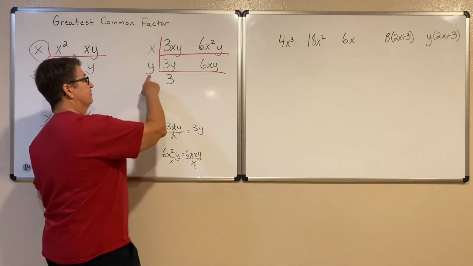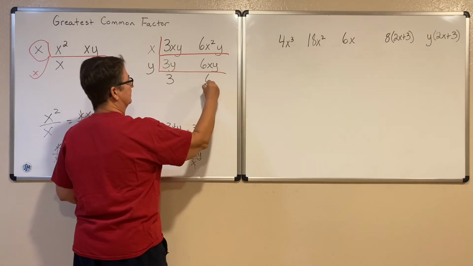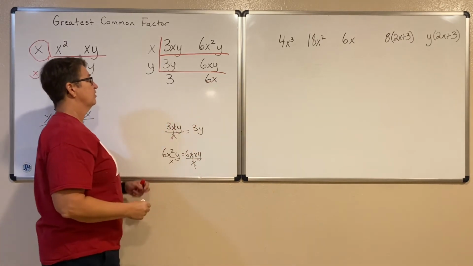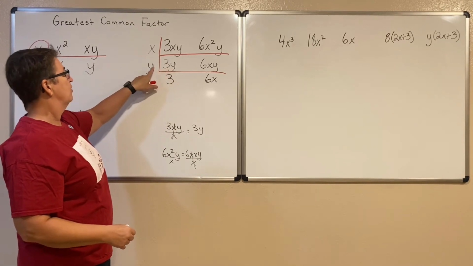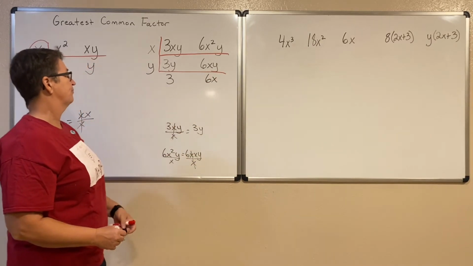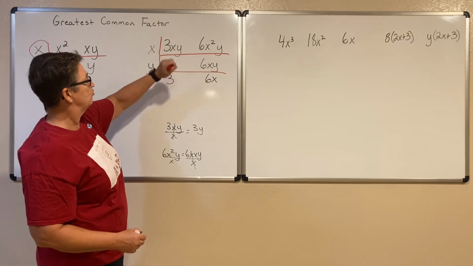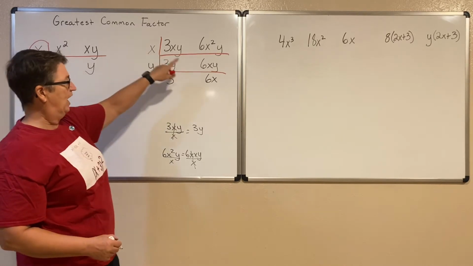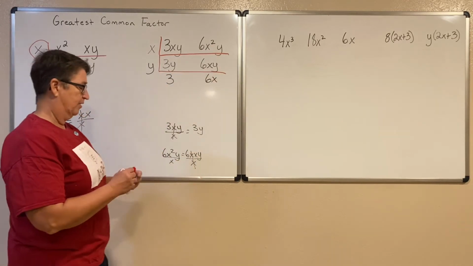And if I divide this one by y, the y's would cancel, and it leaves me with 6x. So y times 3 gives me 3y. Y times 6x gives me 6xy. Xy times 3 gives me 3xy, and x times y times 6x gives me 6x squared y.